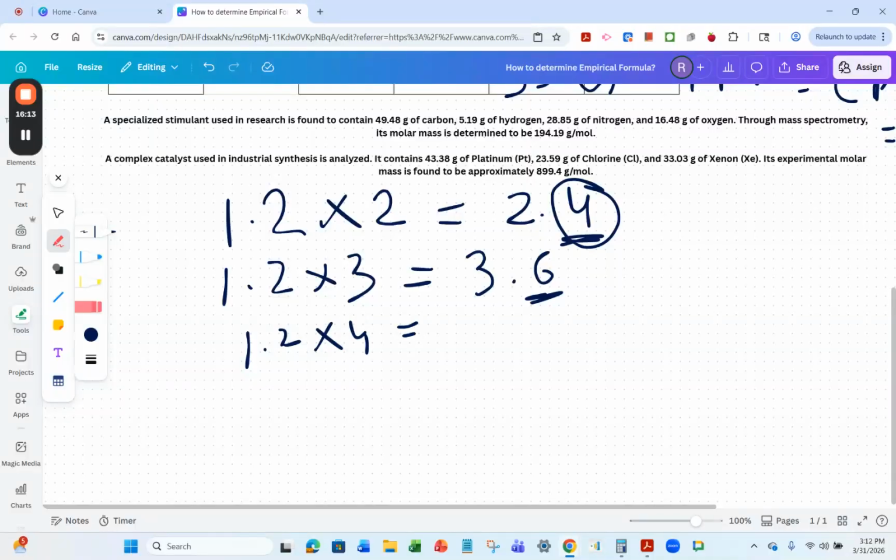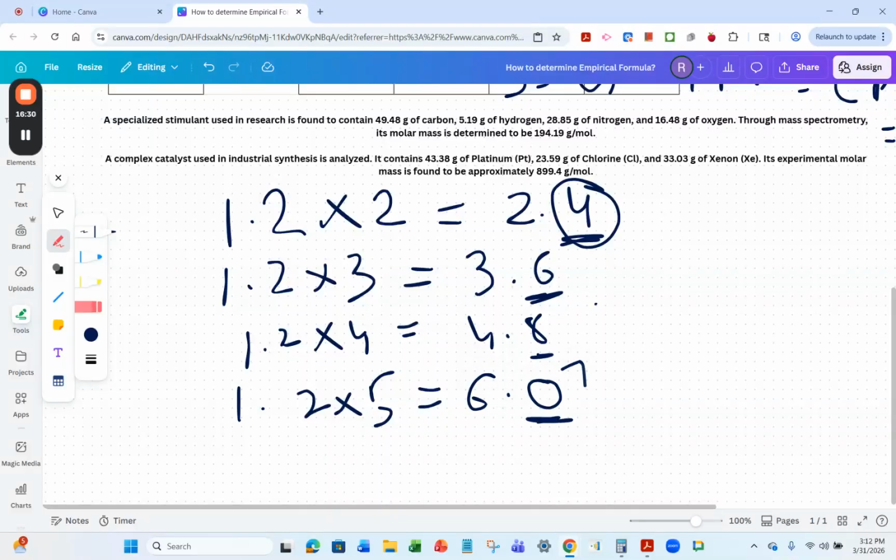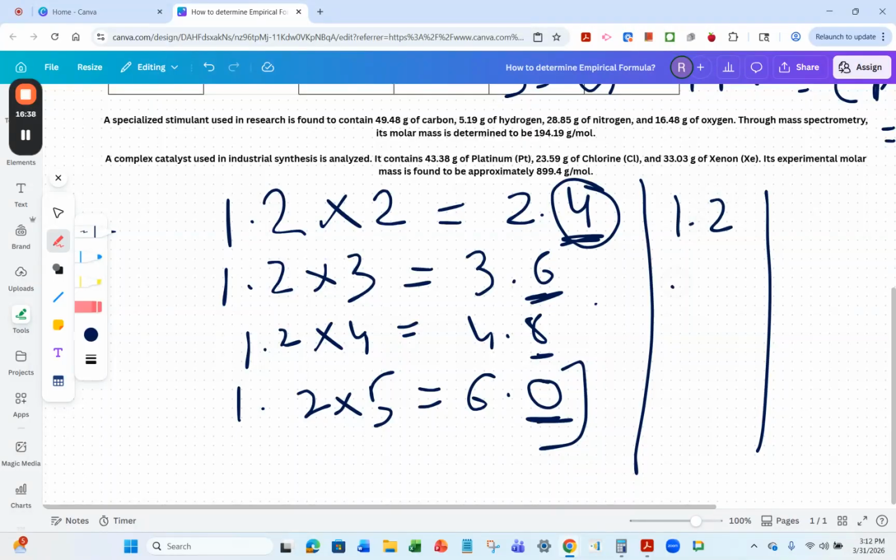If I multiply with 4, because I'm trying to get the whole number, it is 4.8. Again after the decimal it's 8. All right, so now go to the next number, 5, which is equal to 6.0. So after the decimal it's 0. I will stop here.